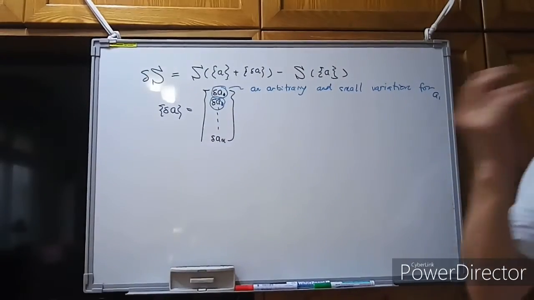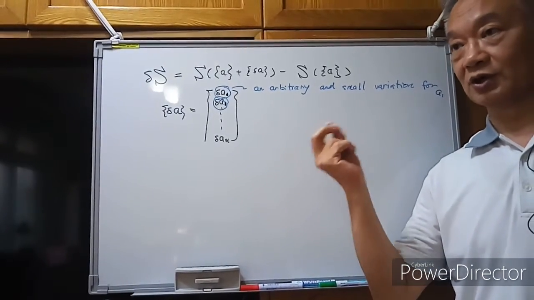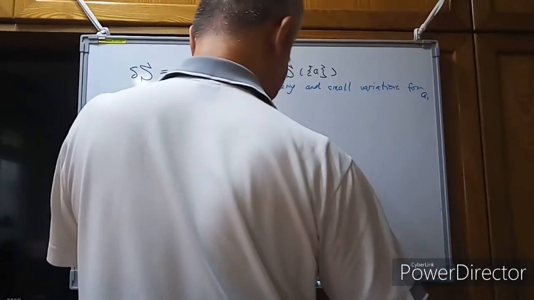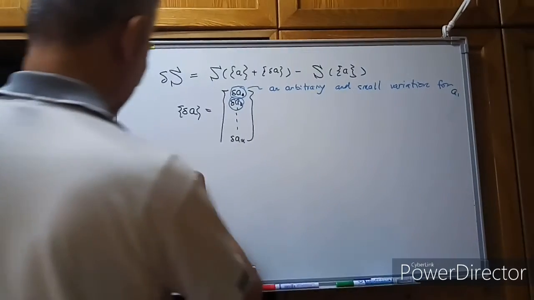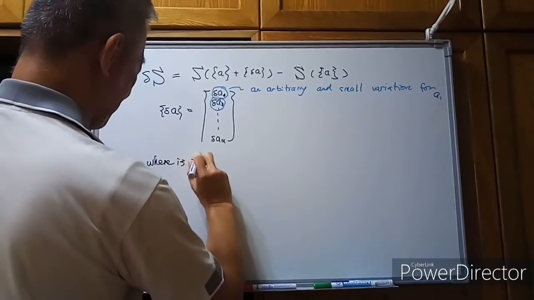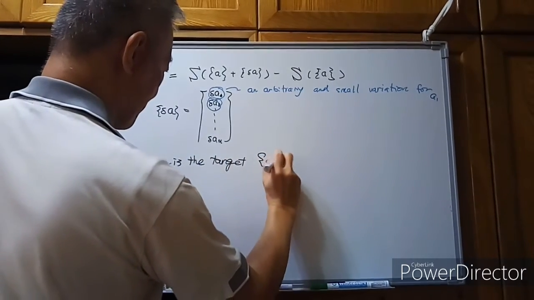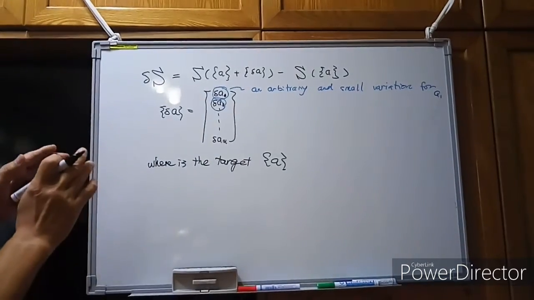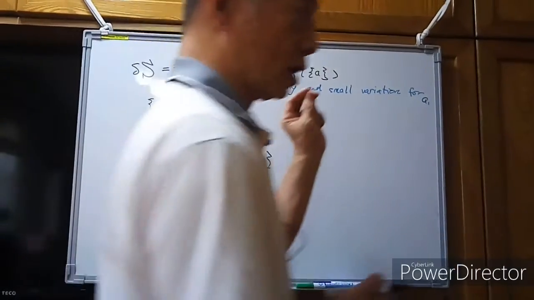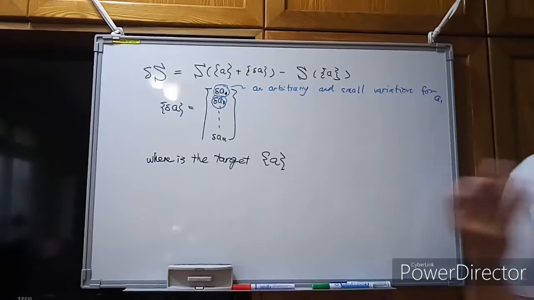Okay, so how can we find the point of the A vector? Where is the target of the A vector? Which point, or where is the A0, A1, and AM of our target?